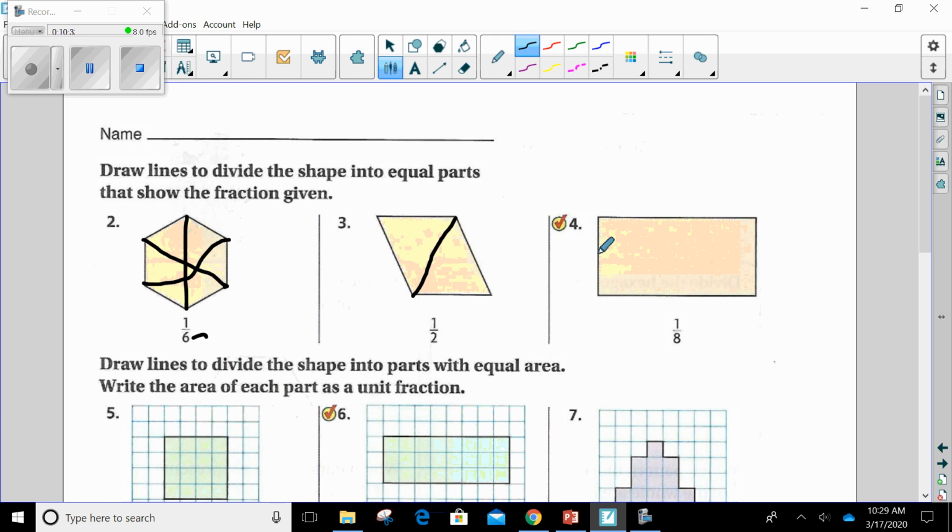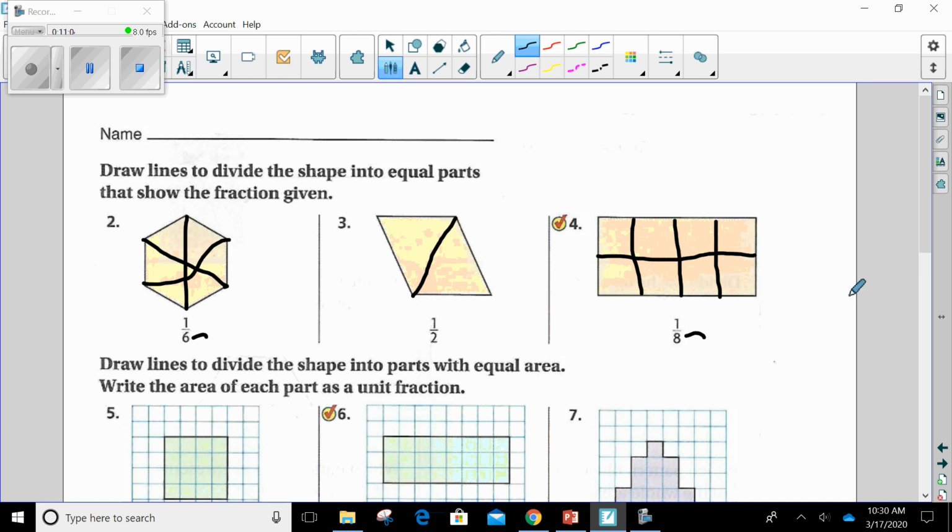1/8. Okay. I always start in the middle. Go across 1/8. I'm making 8 parts because that's what my denominator tells me. Okay, I have 2 parts now. I'm going to go another half. Well, that's 4 parts. Well, let me try it this way. 1, 2, 3, 4, 5, 6, 7, 8.